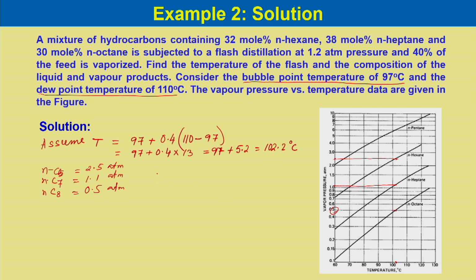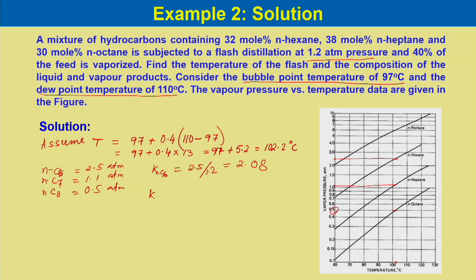Now, we can obtain the K values. K for nC6 would be equal to 2.5 divided by the pressure of the operation, that is 1.2 atmosphere, which is equal to 2.08.